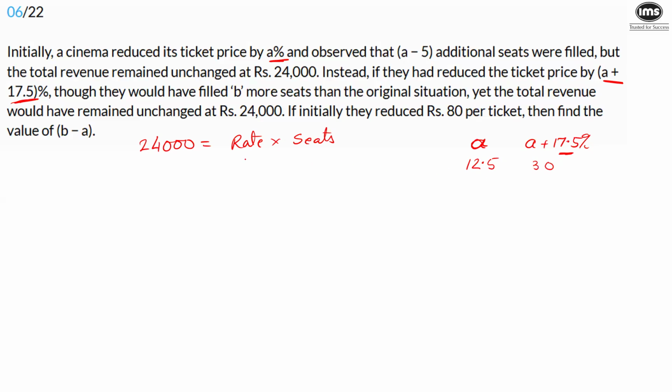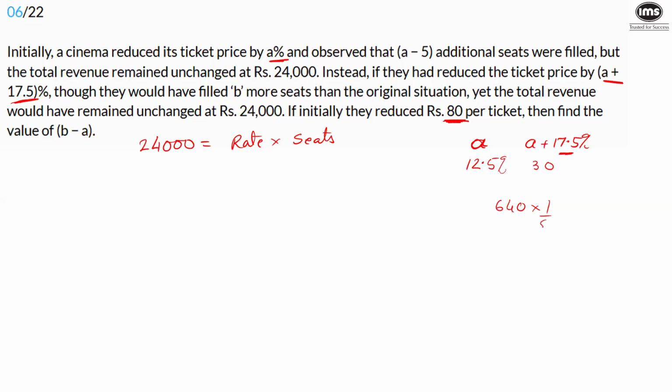Seems to be good. 12.5 reduction and 30 can still be tried. Now the second part is that the reduction is 80 rupees. The initial reduction in the rate per ticket is 80 rupees. So if 80 rupees is 1 by 8, 12.5%, the price of the ticket would become 640.